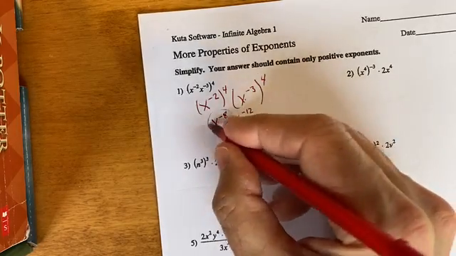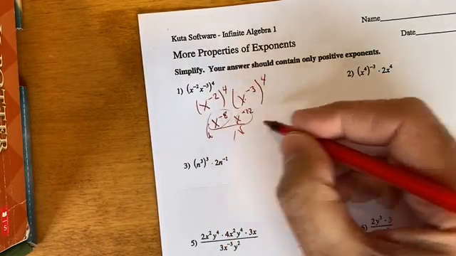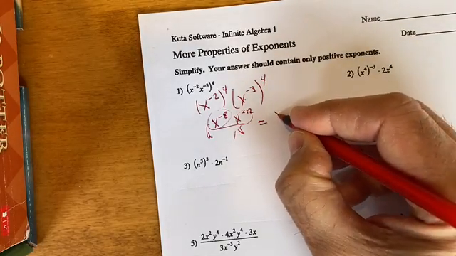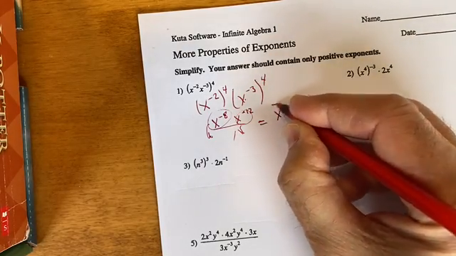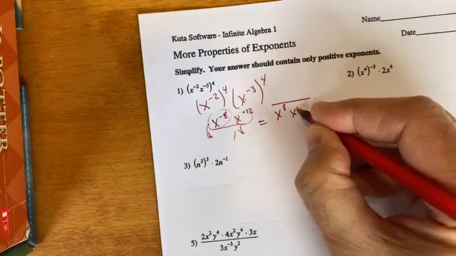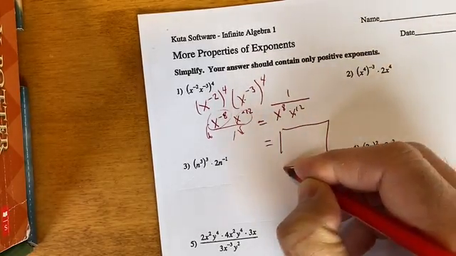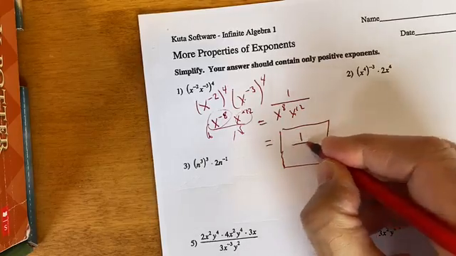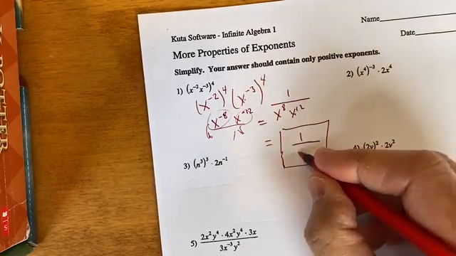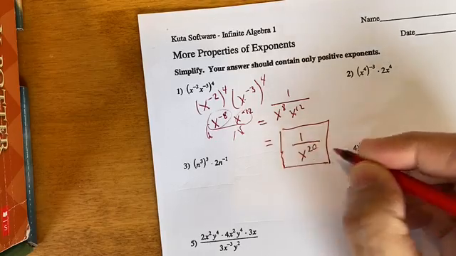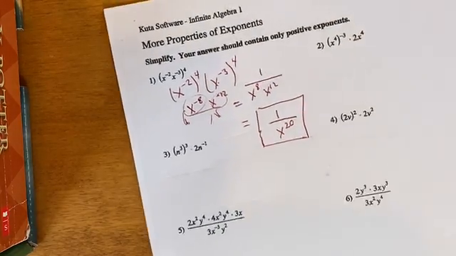They're both negatives, so you move them to the denominator and it makes them positive. This is x to the 8th in the denominator, x to the 12th. And when you multiply those, you get x to the 8 plus 12 is 20.